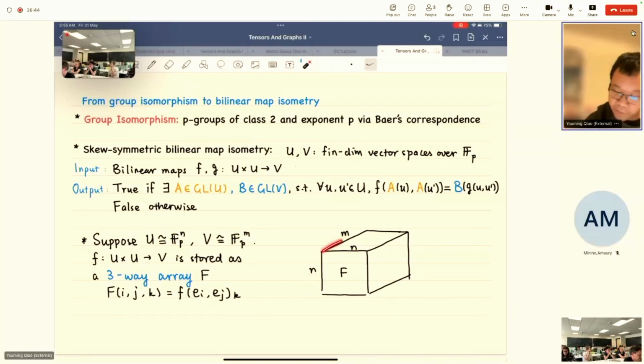So n is the dimension of U, m will be the dimension of V, and essentially the ijk entry of this three-way array F will be the evaluation of F on the i-th standard basis vector and j-th standard basis vector. Then you take the k-th component, because F(e_i, e_j) will be a vector in V, so it's of length m, and you take the k-th component. So that's how you record bilinear maps, for example, in algorithms.